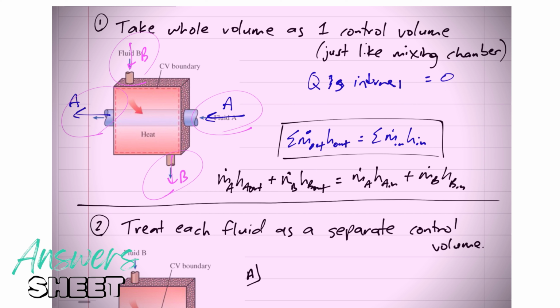You see how that works? We would do that if we have two inlets and two outlets. There's no need to do conservation of mass because A doesn't exchange with B, so the m dot of A is just m dot of A. It's not different for the inlet and the outlet.